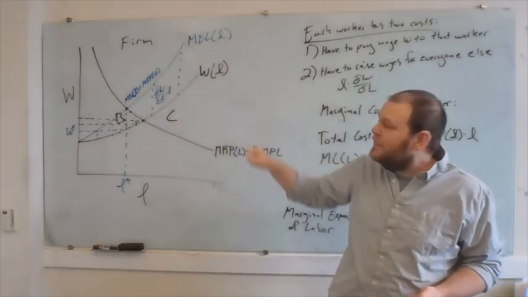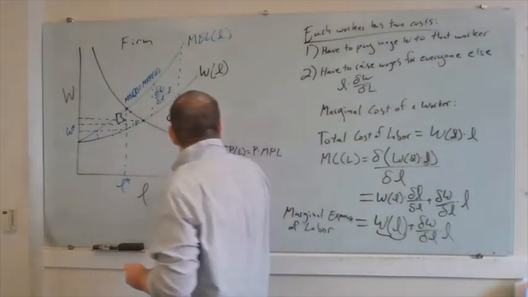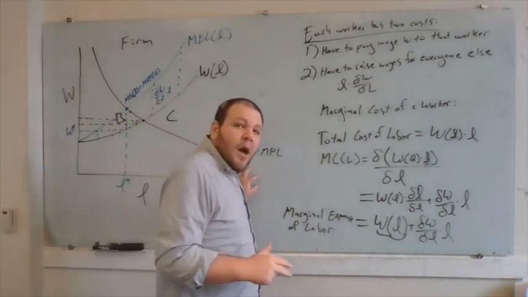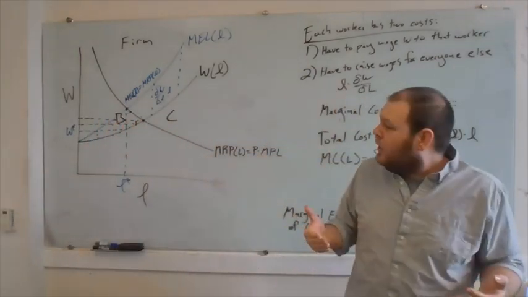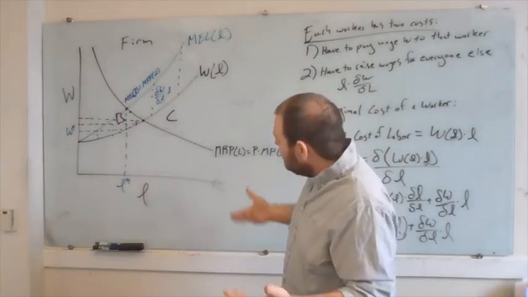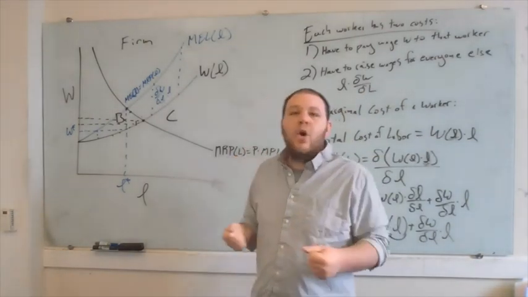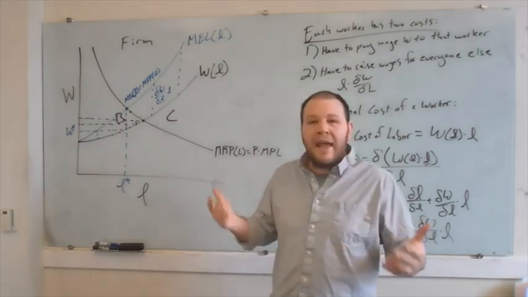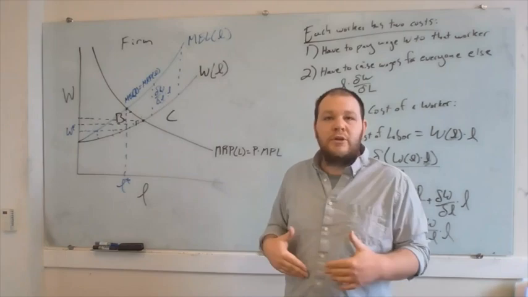Meanwhile, the marginal revenue product tells us the value to consumers of the product being produced, right? It tells us how much consumers value the opportunity to sit in his lap and pull on his beard, or the value of the burgers that they're eating, or the value of whatever it is that a worker's producing.